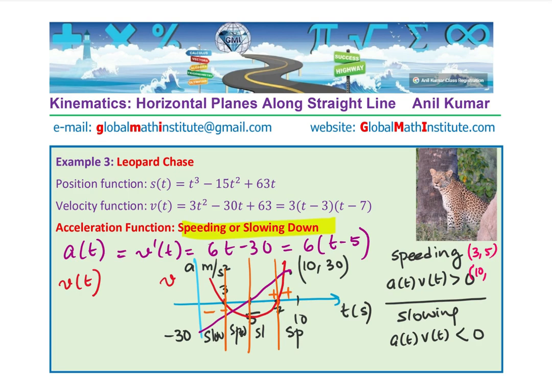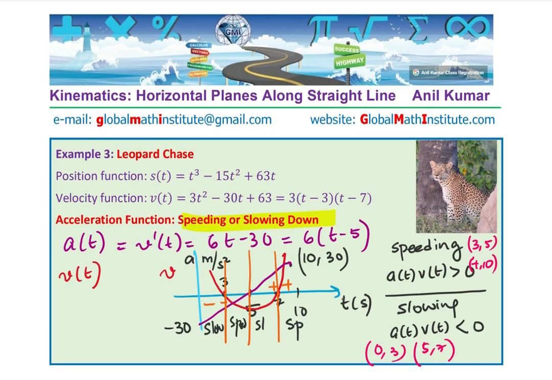Sorry, 7 to 10, because our interval is only till 10, correct? And slowing down from 0 to 3 and then from 5 to 7. You get the idea. So we can actually figure out when our leopard is slowing down and when it is speeding when we consider velocity and acceleration functions, right?